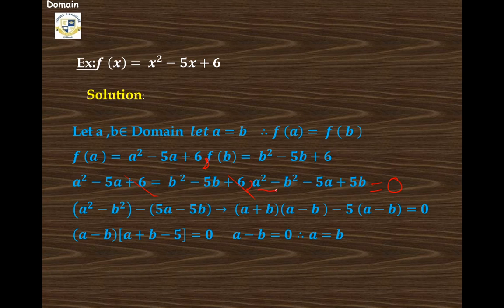I'll try to simplify this expression. Here again, I will cancel 6 with 6. Then the remainder a squared minus 5a minus b squared plus 5b equals 0. Then a squared minus b squared minus 5a minus 5b.